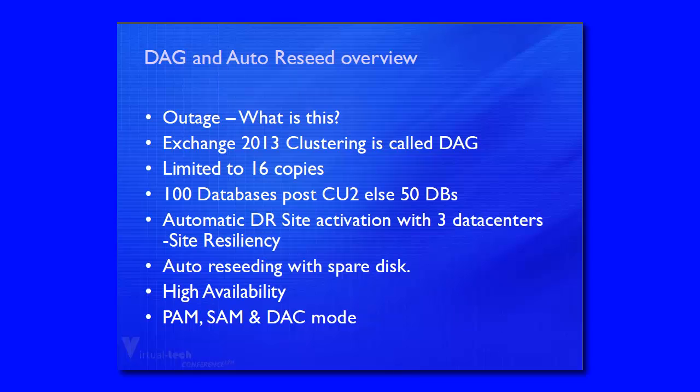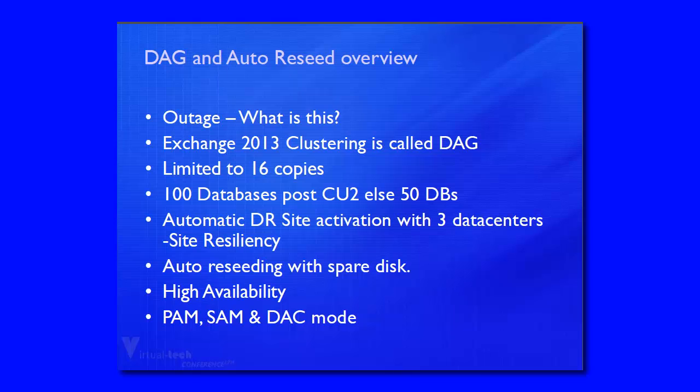The next one is automatic DR activation with 3 data centers. This is called site resiliency. This is the actual site resiliency now. Earlier also we had site resiliency, which means we had the DAG expanded across 2 Active Directory sites. But if the production site fails, what are the options?